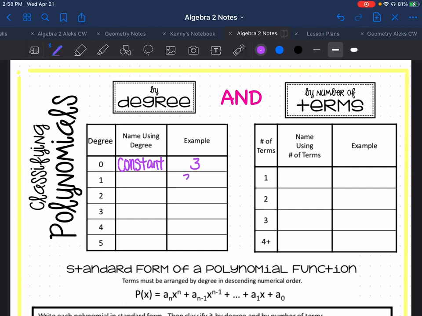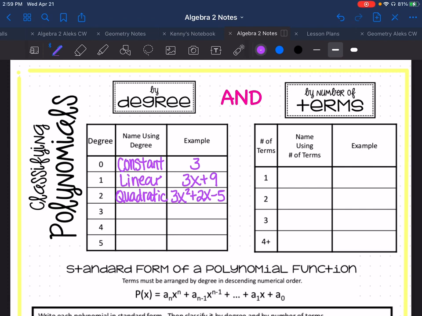When we have something that looks like this, we call it linear, because notice my x, its exponent is 1. When I have something that looks like this, it's called quadratic, because my highest exponent is 2, which I know is a parabola, which is a quadratic function.